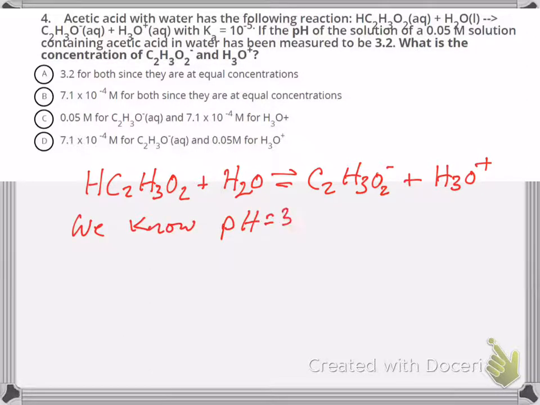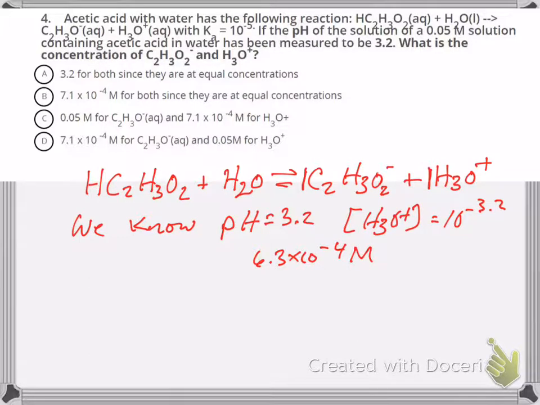And so we know the pH. The pH is given to us as 3.2, which means that we can immediately calculate the concentration of H3O plus, because it's going to be 10 to the minus 3.2. We put that in the calculator, and we get 6.3 times 10 to the minus 4.